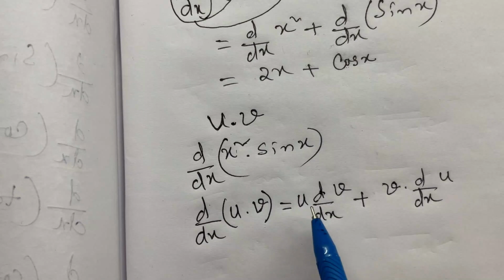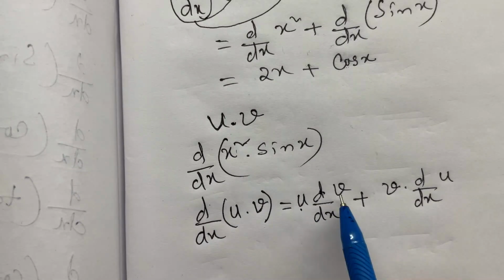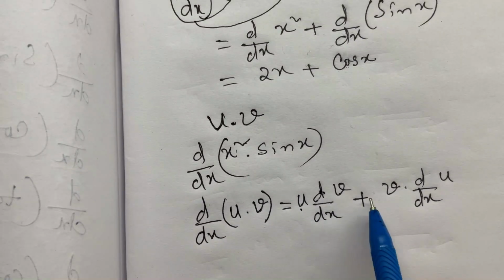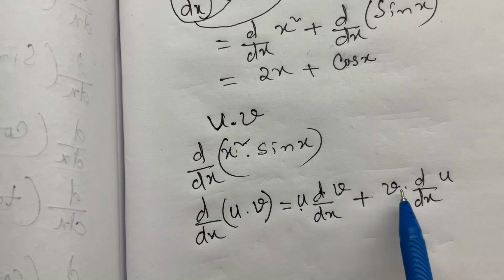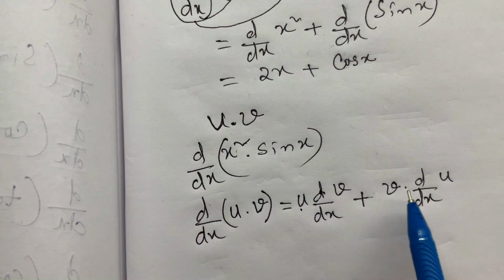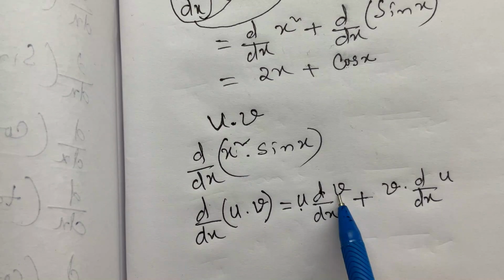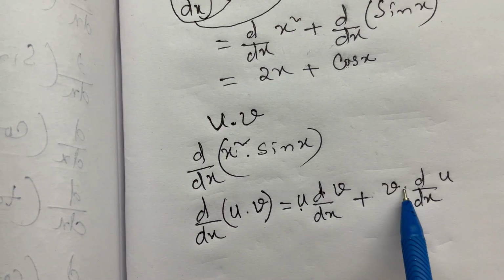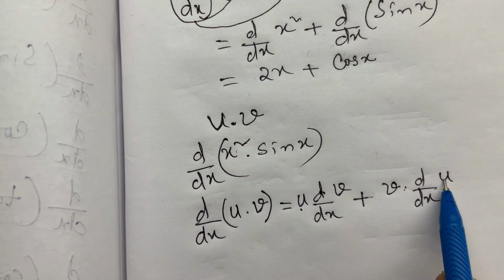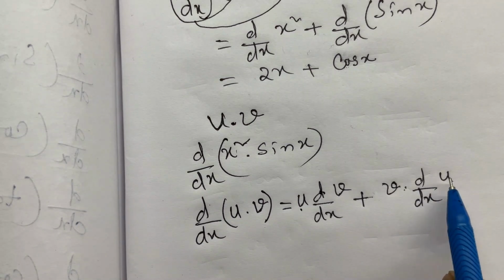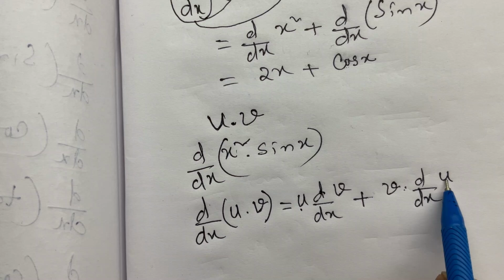Basically keep one and do differentiation for the other part, plus keep the one you differentiated earlier and now do the differentiation for the other.